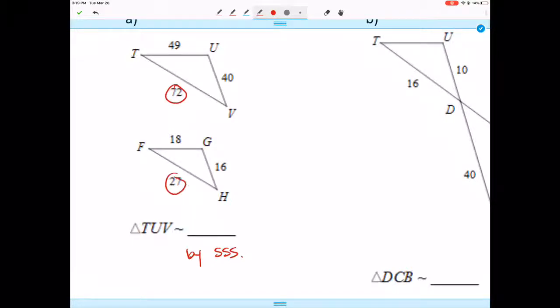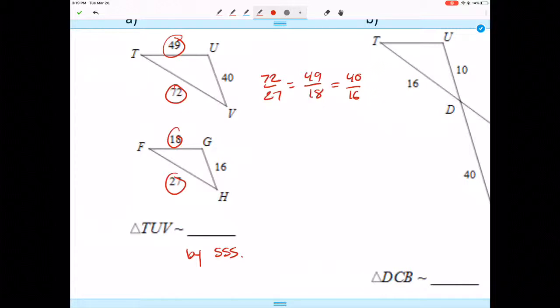Largest and the largest: 72 divided by 27. That should be equal to the next largest, 49 and 18. And then the next would be 40 and 16. So we plug these all in. 72 divided by 27.